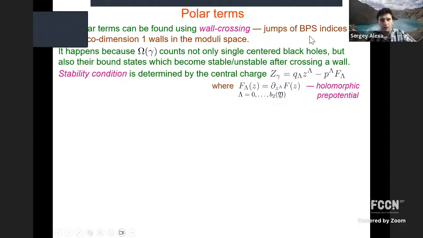First of all, wall crossing is a phenomenon which says that BPS indices are not constant throughout the moduli space, but they jump across certain walls of marginal stability, just because our BPS indices count not only single-centered black holes, but also their bound states. And the bound state can be stable or unstable depending on parameters. So once you cross a wall of marginal stability, some stable bound state can become unstable and stops contributing to the index. This is why the index changes.